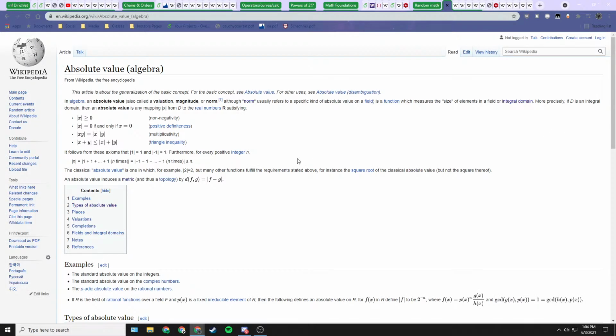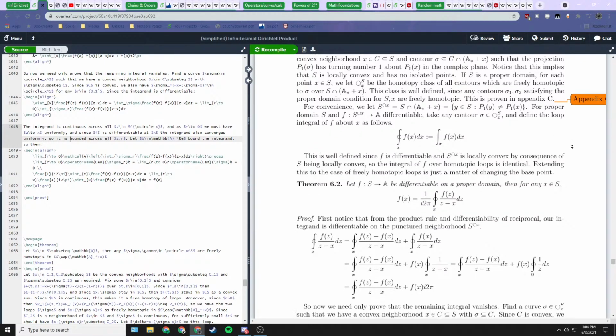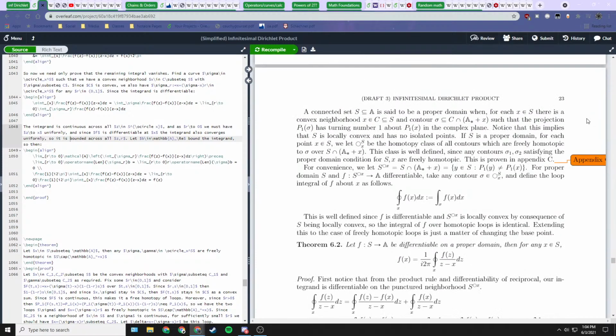Oh yes, we haven't proven the free homotopy for loops. Technically, that actually doesn't necessarily follow from our theorem.